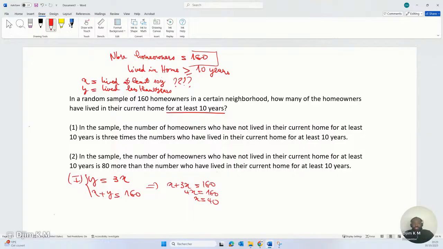And this seems like we have the value, so here is sufficient.